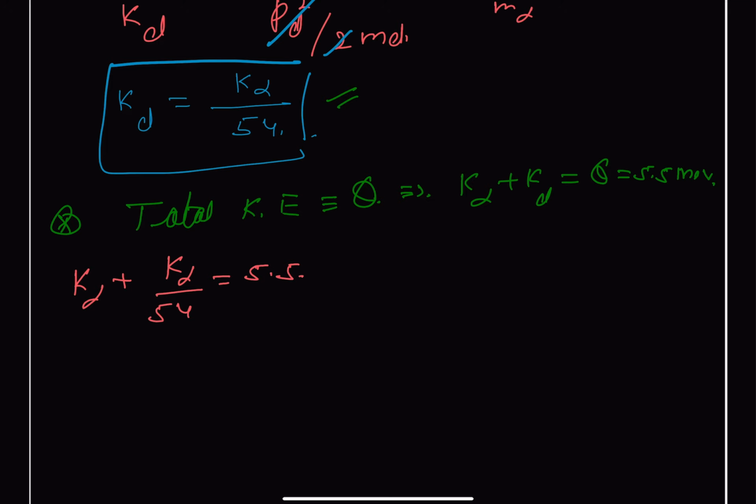K alpha is common, so 1 plus 1 upon 54 comes as 55 upon 54.